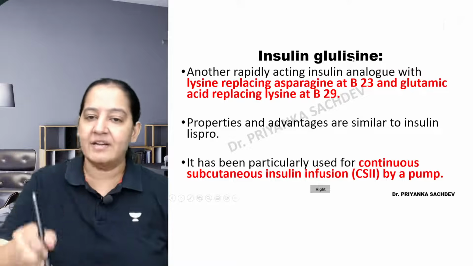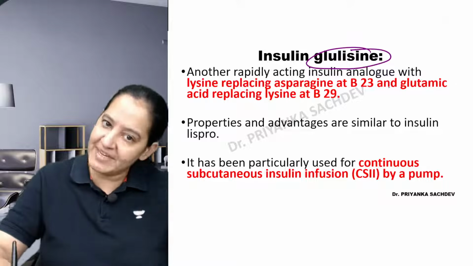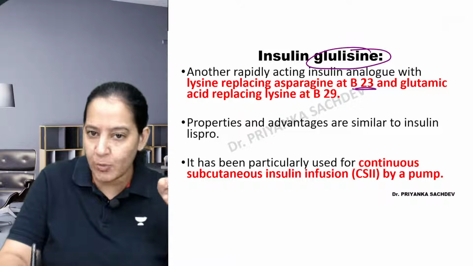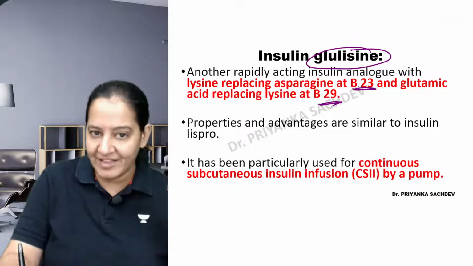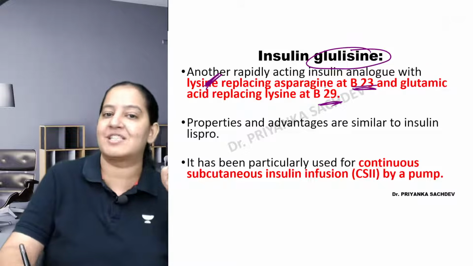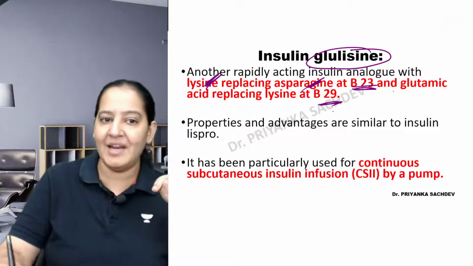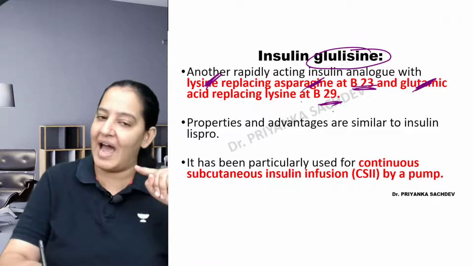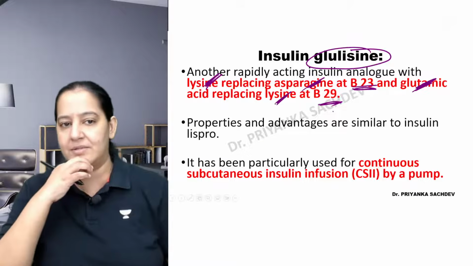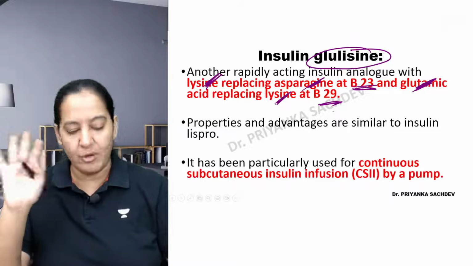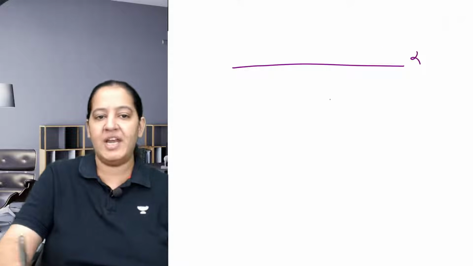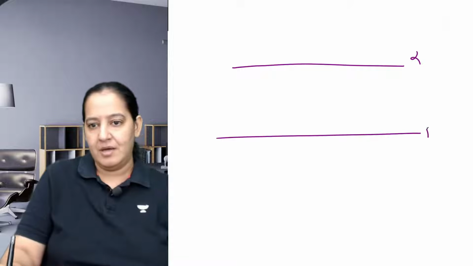And the third one, Glulisine, is also a replacement in the beta chain, at beta 23 and 29. At 23, lysine is replaced by arginine, and at 29, lysine is replaced by glutamic acid, right? So you have to learn the exact positions. Let me draw the insulin. This is the alpha chain, this is the beta chain.